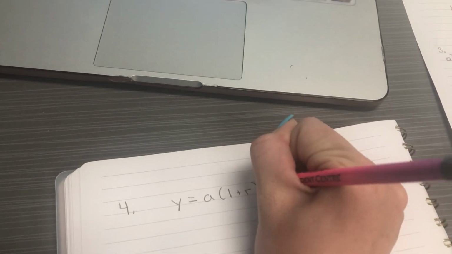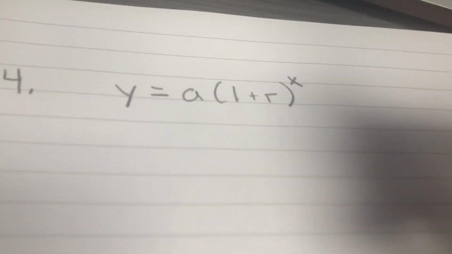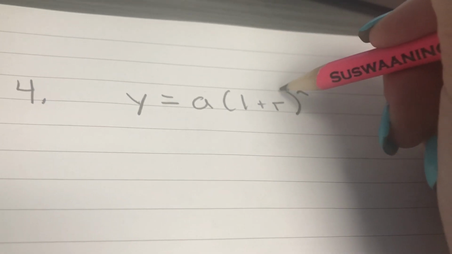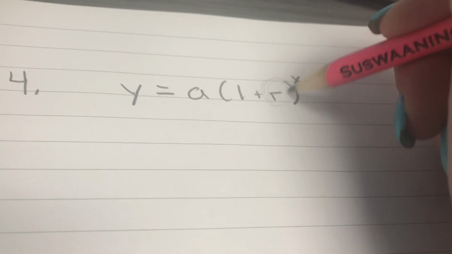Okay, so for 4, we're trying to solve for r here since we want to know the rate. We are given the new y value, so the new population number, which is going to be 180,000.